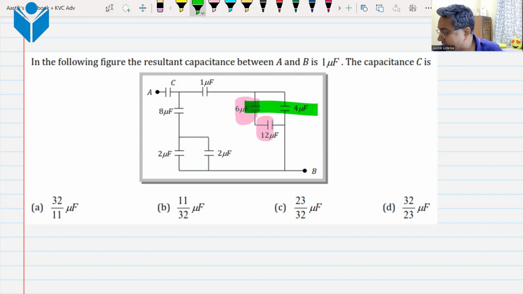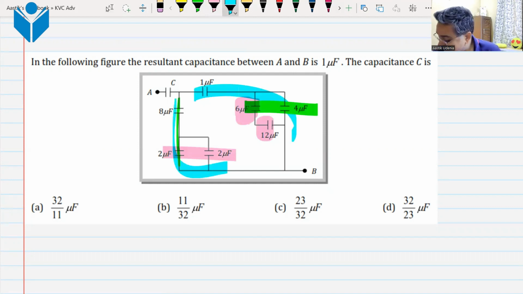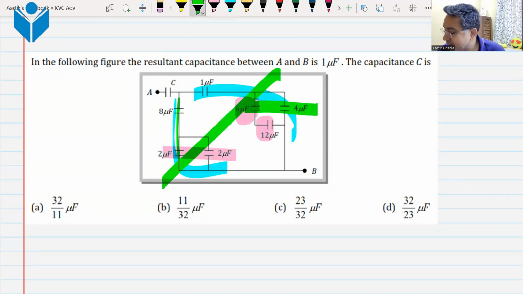Then they are in parallel, yes or no? Yes, sir. 2 and 2 are in parallel, yes or no? Yes, sir. Then they are in series, yes or no? Yes, sir. This entire thing is in series and this entire thing is in series, yes or no? Yes, sir. Then they are in parallel. Yes, sir. Then this entire thing is in series and the answer is given as 1, yes or no?